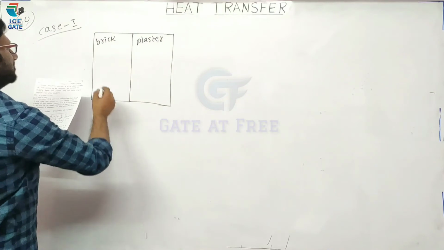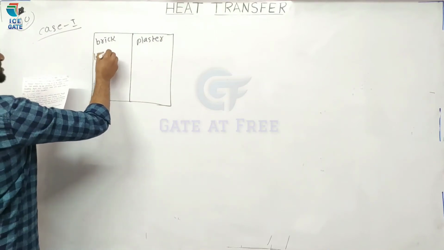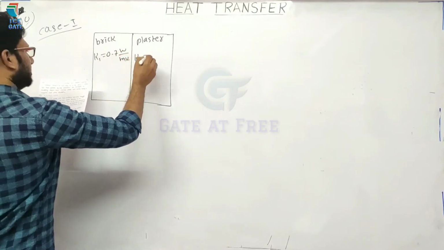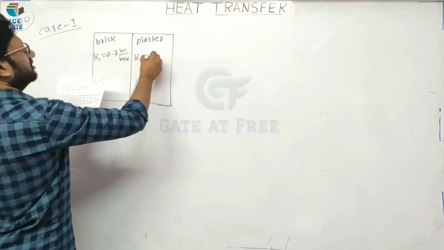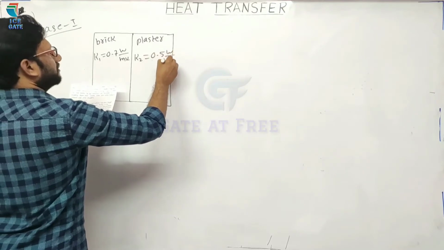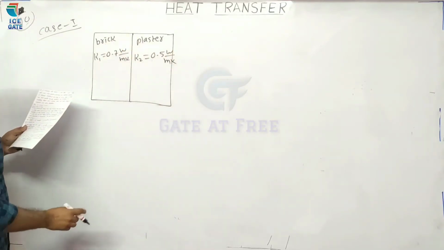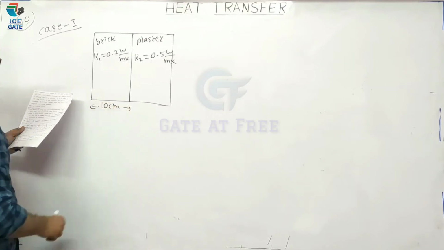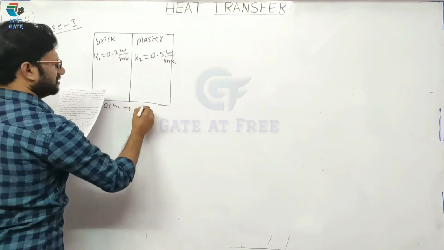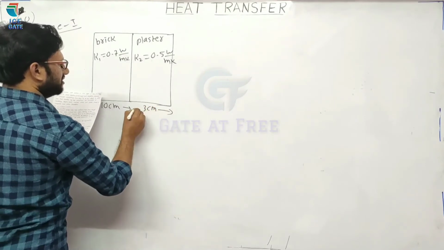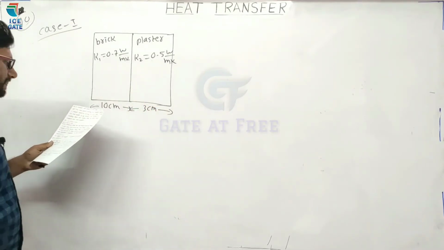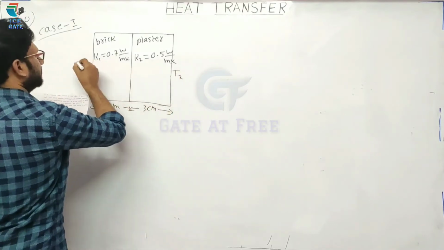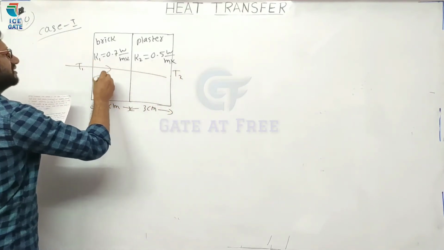The brick thermal conductivity, say K1, is equal to 0.7 watt per meter Kelvin, and plaster thermal conductivity K2 is equal to 0.5 watt per meter Kelvin, and the brick having 10 centimeter thickness and the plaster having 3 centimeter thickness. Now say this is T1 and T2. So assume this is the heat transfer direction.